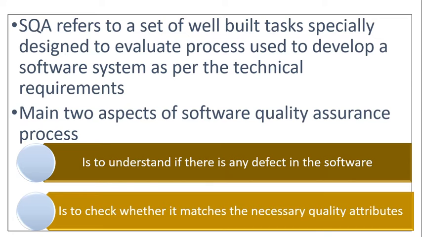If it is not working in a proper way according to the customer's requirements, then defects occur. And the second one is to check whether it matches the necessary quality attributes.